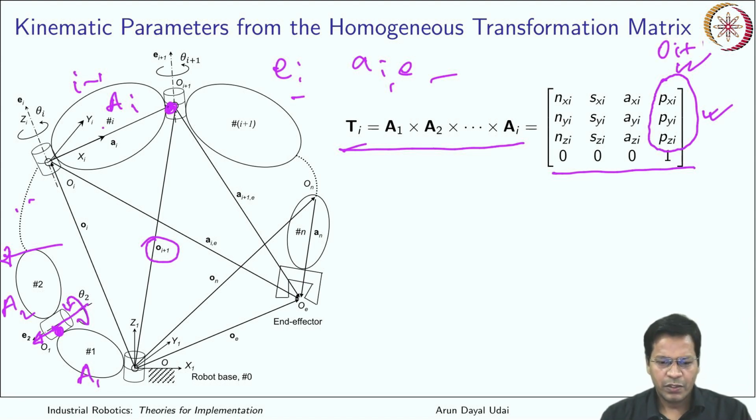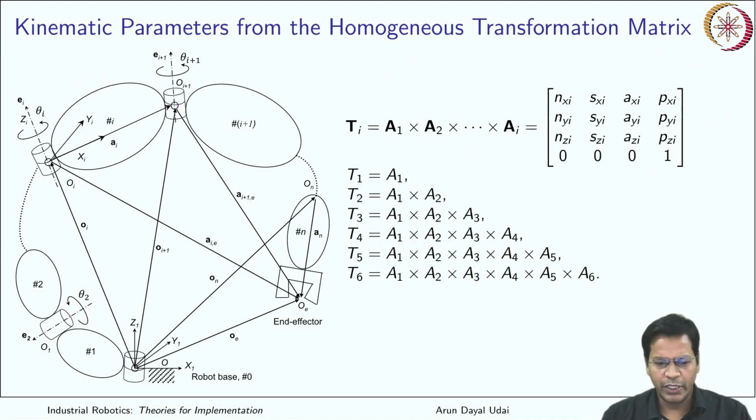Got it? Similarly, you can do it for all. If it is T1, it gives you the location of this. If it is T2, this one will give you the location of this.